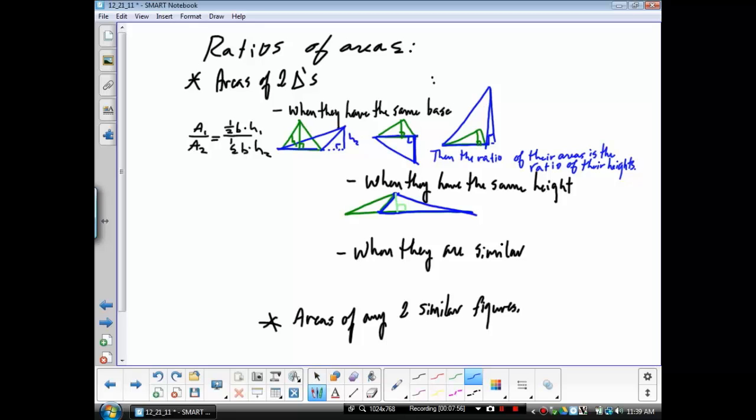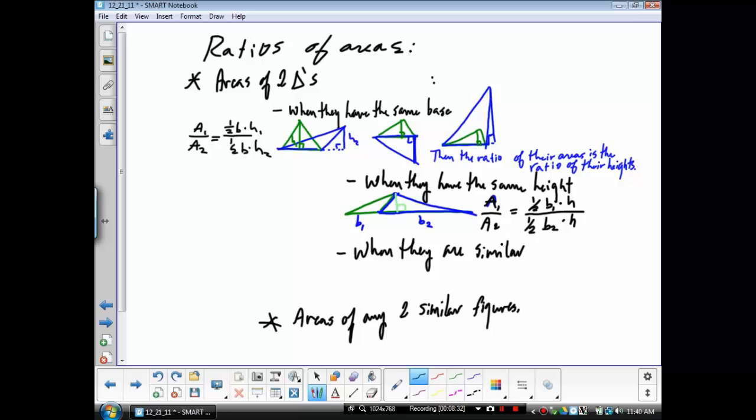Now the bases of both triangles, base 1 and base 2, are different. And again, if you look at the ratio of their areas, ratio of area 1 to area 2, you're going to have, since the area of a triangle is 1/2 the base times the height, 1/2 base 1 times that common height, and the area of triangle 2 is 1/2 of base 2 times that common height.